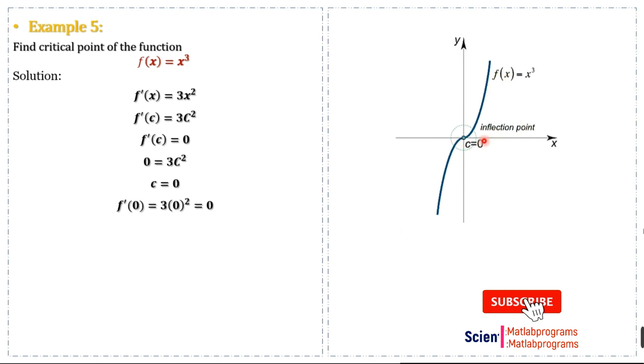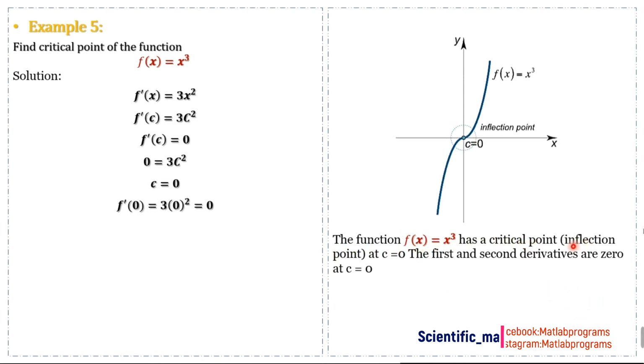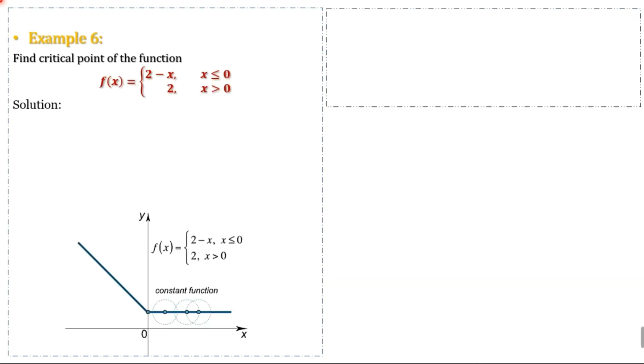So this will be (0, 0). So the function f of x is equal to x cube has a critical point or the point of inflection at c is equal to 0. The first and the second derivatives are 0 at c is equal to 0.